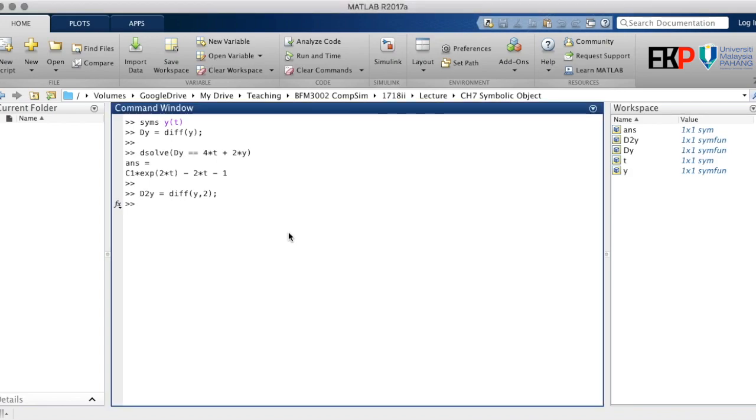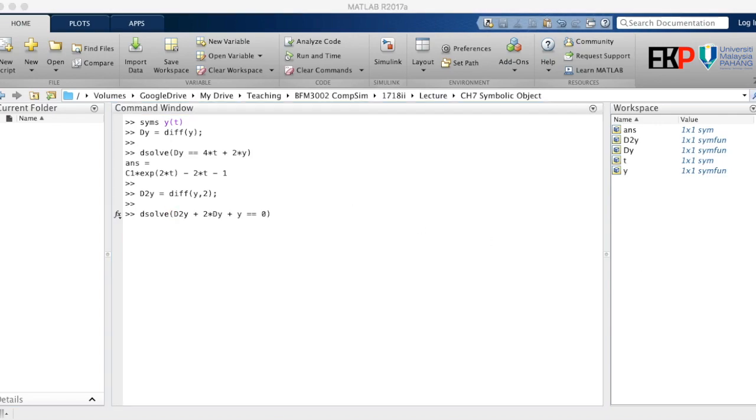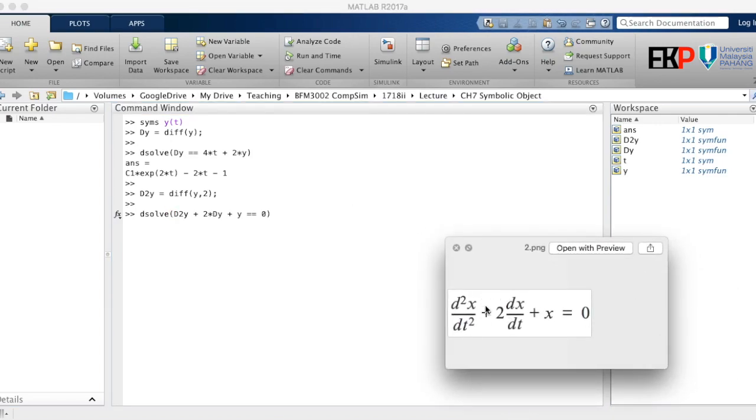So now let's type in dsolve of d2y plus 2 times dy plus y is equal to 0. That is our equation here. Let's take a look at the equation again.